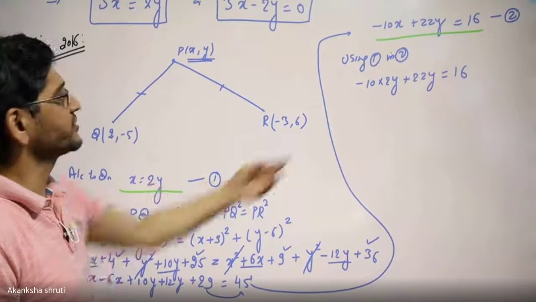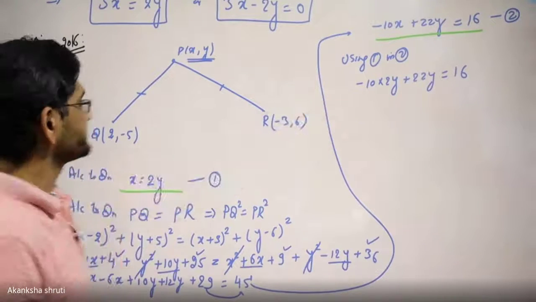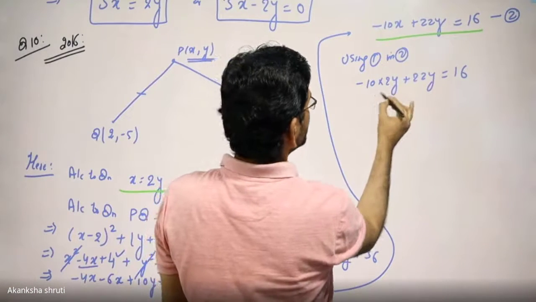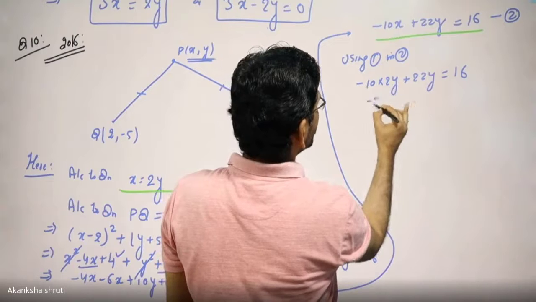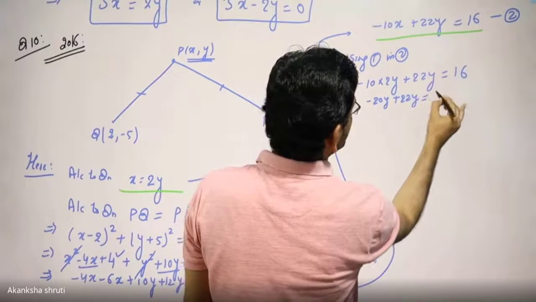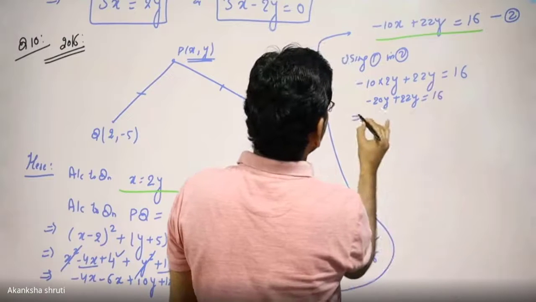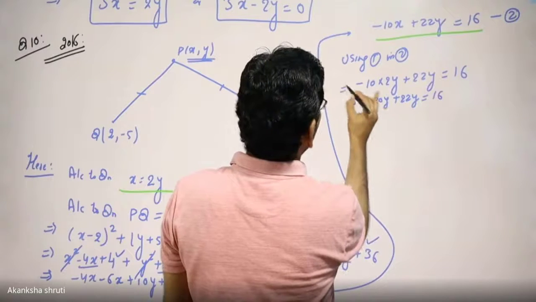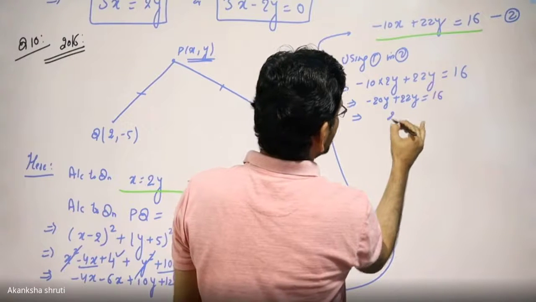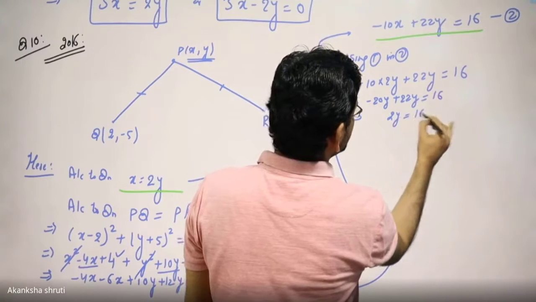See, x is 2y, so substitution is the better option here. Just by substituting, we can get this y. That's why x is replaced by 2y. It becomes minus 20y plus 22y is equal to 16. This implies on the left hand side 22y minus 20y is 2y is equal to 16.